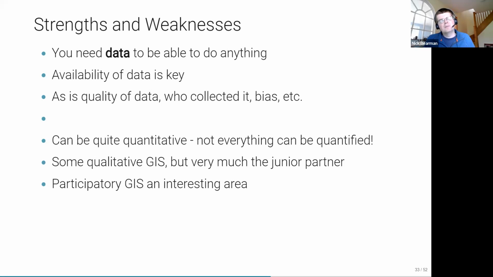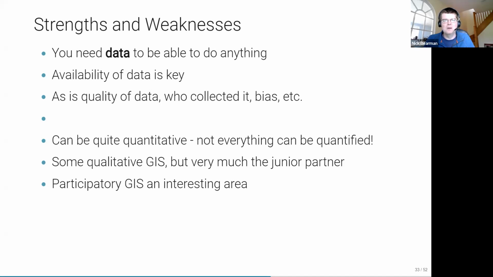It's worth mentioning in passing, partly because of its origins, partly because of the focus on data, GIS is often seen as very quantitative, and not all applications, not all areas of study are very keen on that. Some things cannot be quantified. There are some approaches to what's sometimes termed qualitative GIS.